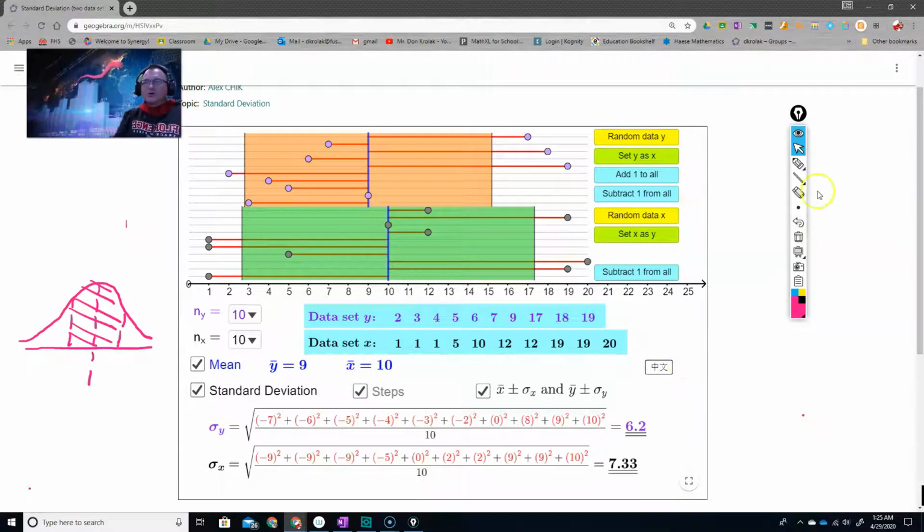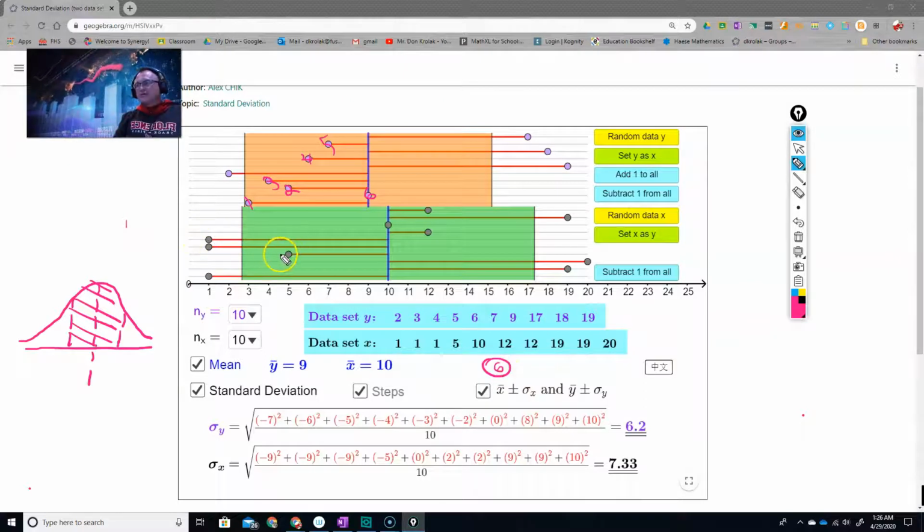So if you were to look at this first set, the set that's Y, all right, how many of its data points fall within one standard deviation? Well, there's 1, 2, 3, 4, 5, 6. All right, 6 out of the 10 data points for the Y set were within one standard deviation, plus or minus.